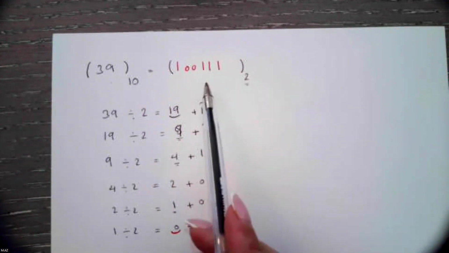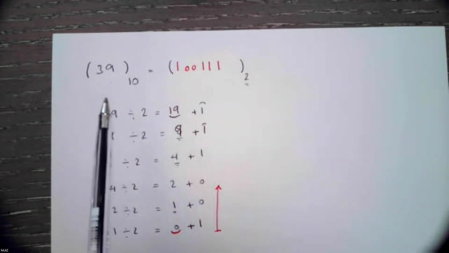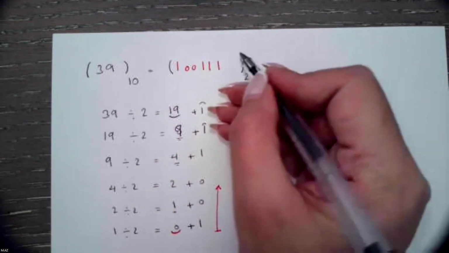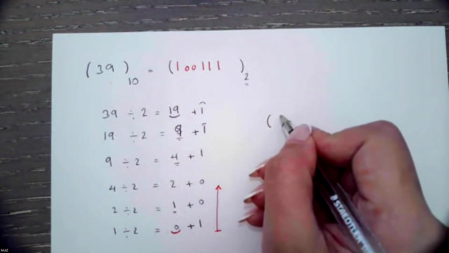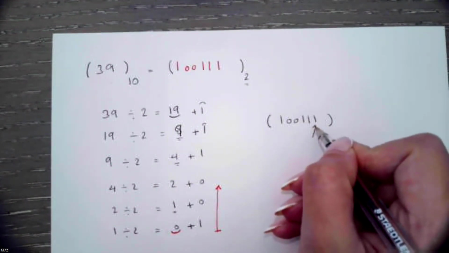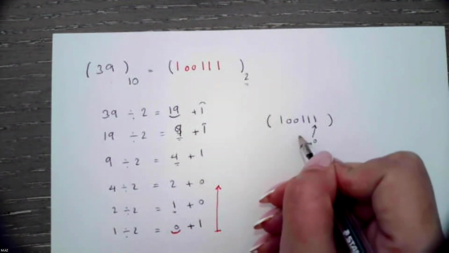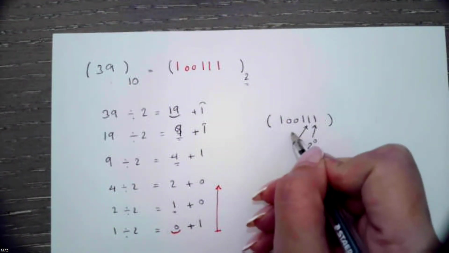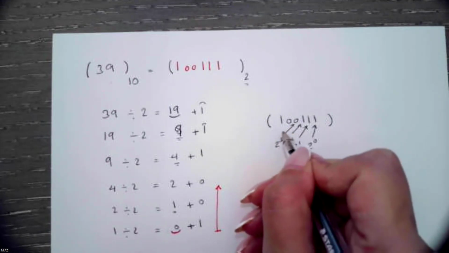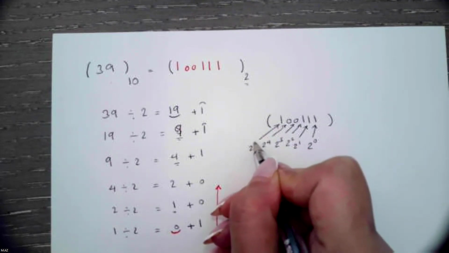How can we check that this conversion is correct? For checking, when we are working with an integer number, the first bit from the right side is 2 to the power 0, then 2 to the power 1, 2, 3, 4, and 5.